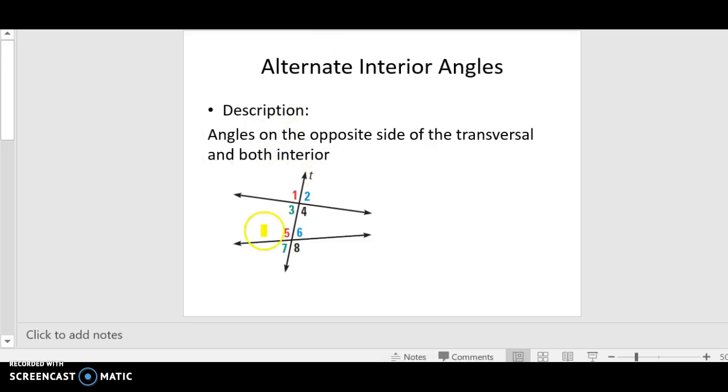When I talk about interior, what I'm referring to is any angle that is in between the two lines. This yellow area is the interior part. The blue area is exterior.